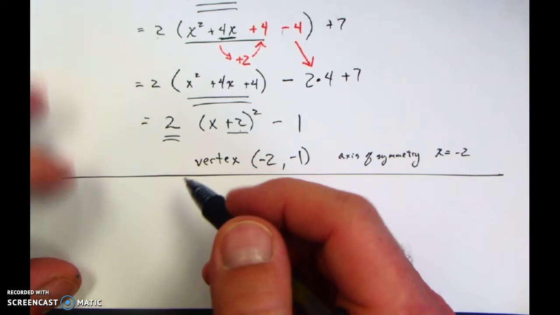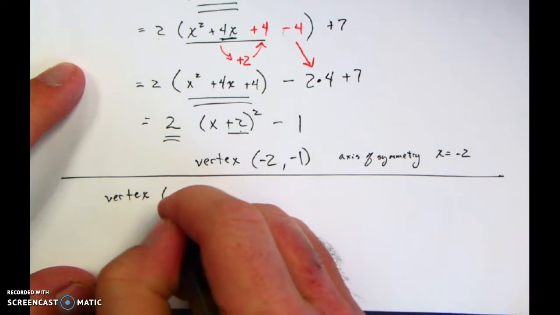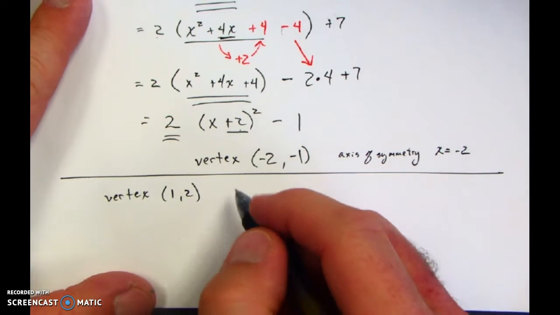Now, what if we're given the vertex and we're given a point that our parabola is going through?